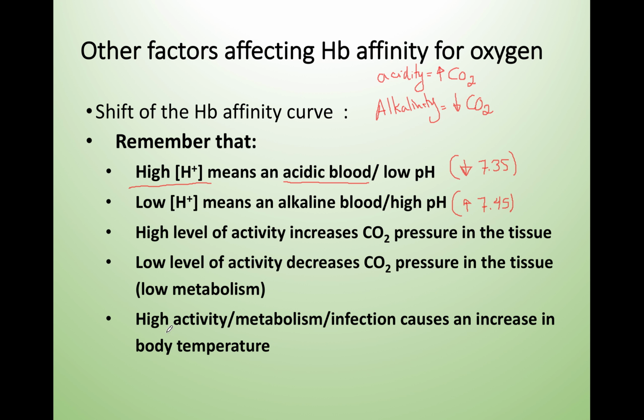And again, high metabolism or high activity of your body, and changes such as infection or an increase in body temperature are also going to be very similar to the effects of having high CO2. Because this is how I want you guys to connect it: high metabolism means you're going to produce CO2 at a higher level, which means your blood is going to become acidic.